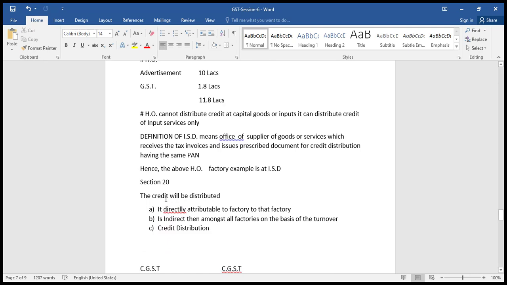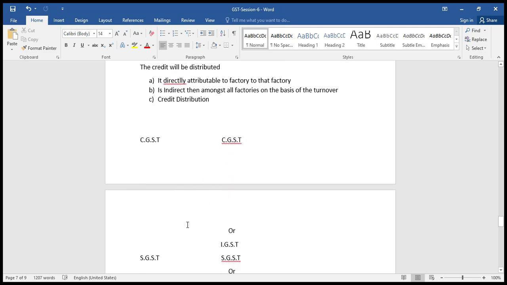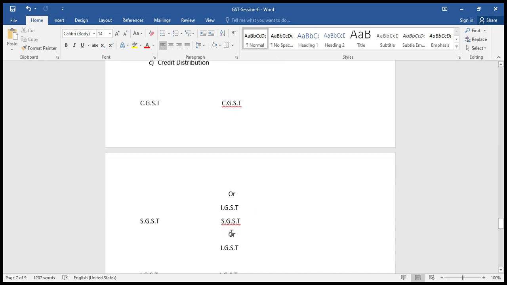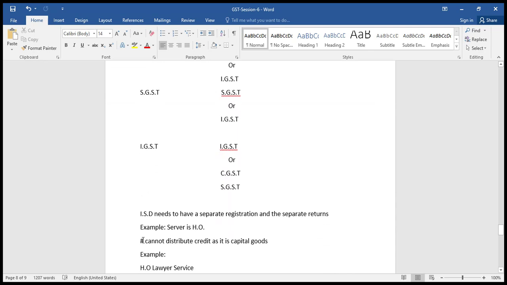The credit will be distributed directly if attributable from factory to factory. If indirect, then amongst factories on the basis of turnover. CGST, CGST or IGST; SGST, SGST or IGST; IGST, IGST or CGST or SGST. ISD needs to have a separate registration and separate returns.